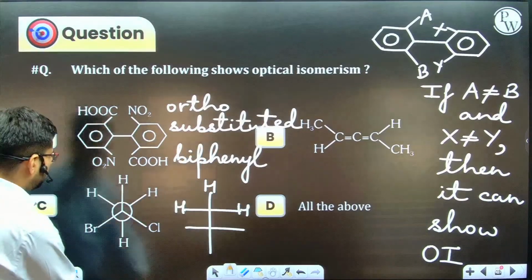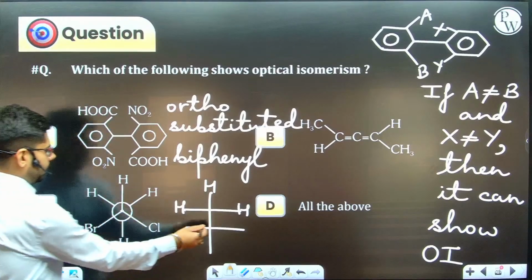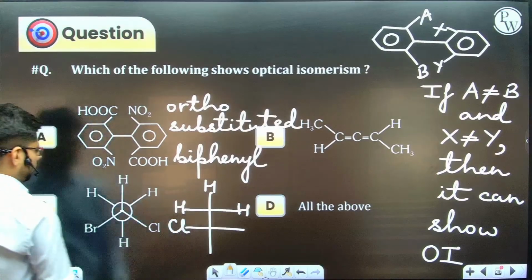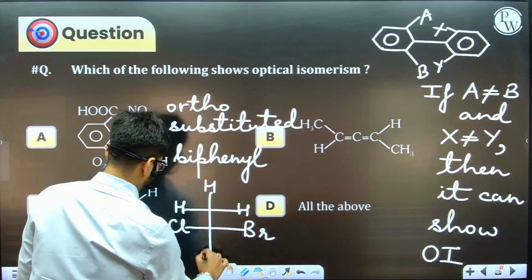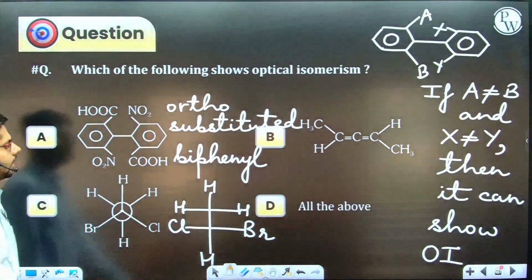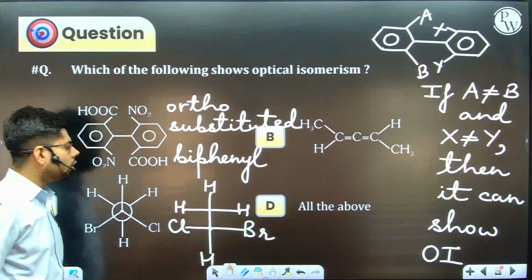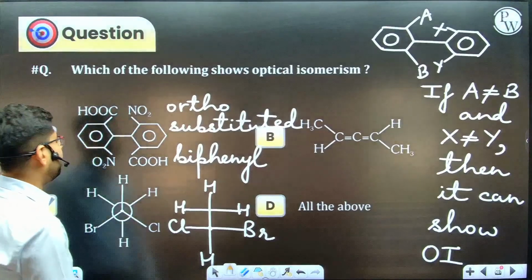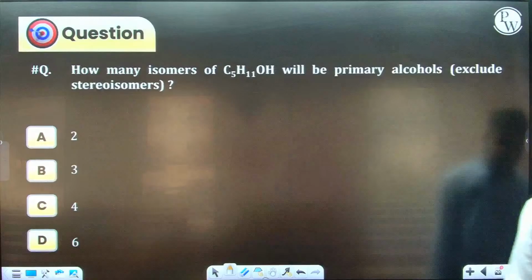And this small dot represents the lowermost carbon in Fischer. If you look at this, this is the only chiral carbon here, and we have discussed already that if there is only one chiral carbon in the molecule, it is definitely optically active. So answer is D, all are optically active.